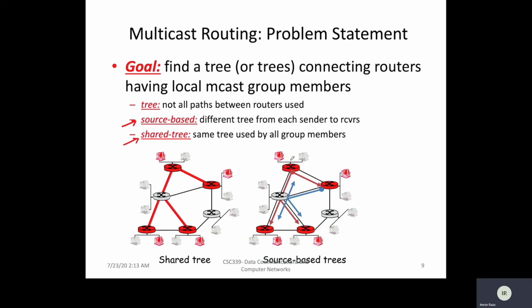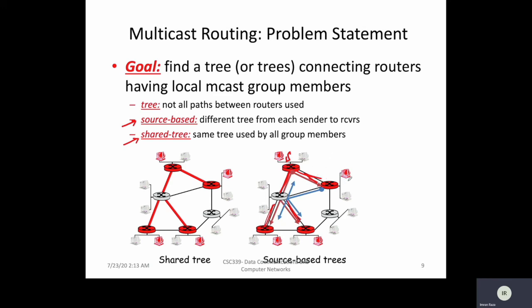So here is a group member, say this is the source now, right? And now we have created this spanning tree for this source under consideration. So I will follow this path for sending data to all the different nodes if I'm using a source-based tree.